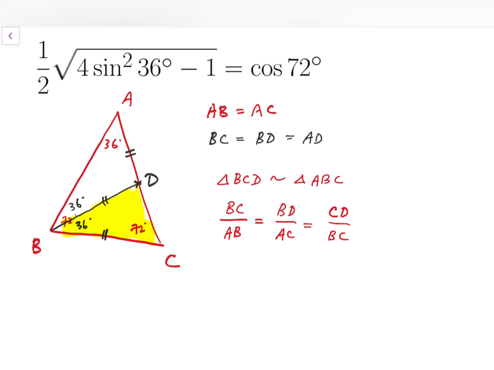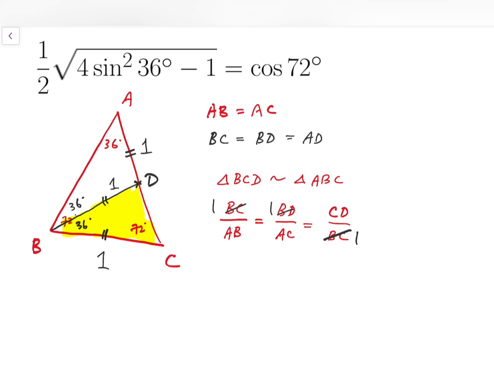Now, to make things simpler, I'm going to let BC, BD, and AD be equal to 1. So then I can maximize the number of sides that can be converted into numbers. Now for this, we have BD equals 1, and BC equals 1. So now I have 1 over AB equals 1 over AC equals CD.